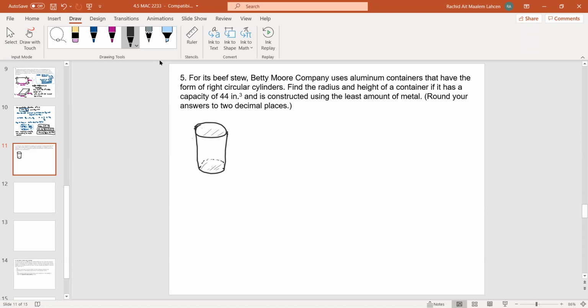So if this is R, and if this is the height, H, the capacity is 44 inch cubed, so that means the volume is 44 inch cubed, and it's constructed using the least amount of metal.